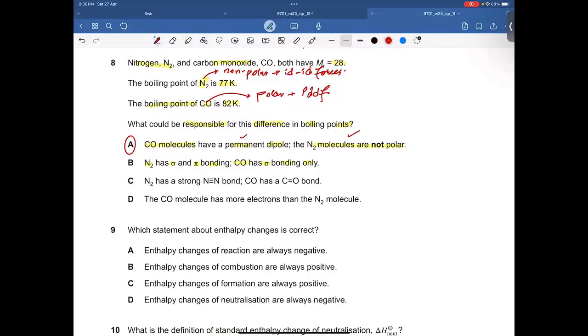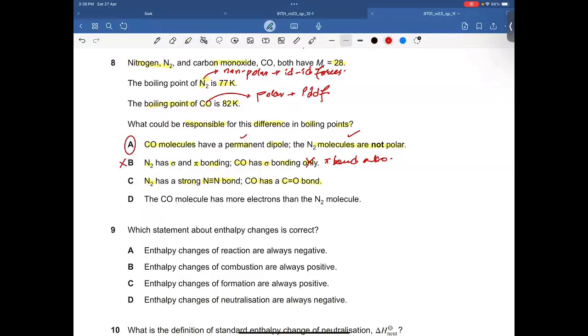No, carbon monoxide exhibits, my bad, exhibits a pi bond also because it contains a triple bond. So this option is incorrect. Nitrogen has a strong triple bond, whereas carbon monoxide has a.